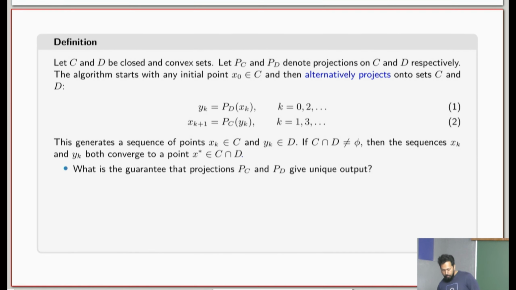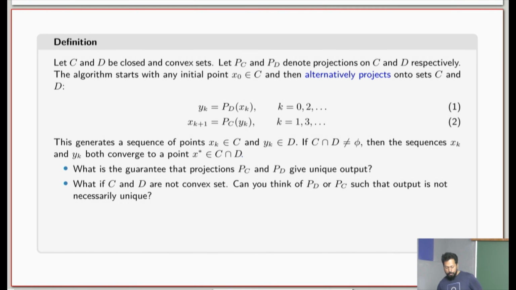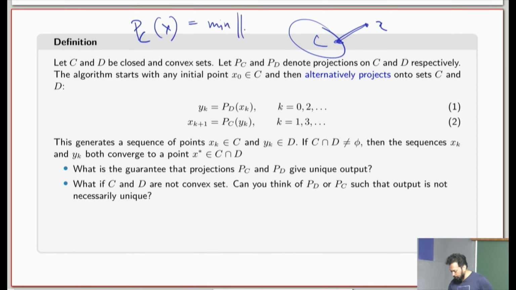Yeah, again, this is already covered. Now, what is the guarantee that PC and PD give a unique output? So, convex set, and this point X is there. As a simple exercise, you can say the two norm distance defines your projection. One possibility is this: projection on C of the point X is the minimum of y minus x, where y is in C. This is the two norm distance I'm looking at.